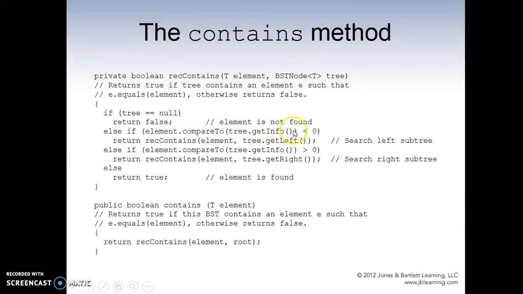If the comparison is less than 0, then we recursively pass the left node to search and pass the key in, and it does the same thing recursively. Else we pass the right, because the comparison has to be greater than 0. Since we assume that this BST has no duplicates, that's why we didn't do less than or equal. When it's found, that is, it equals, we return true because there is no duplicate.